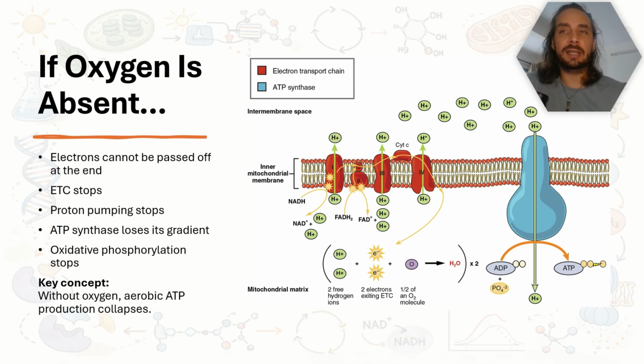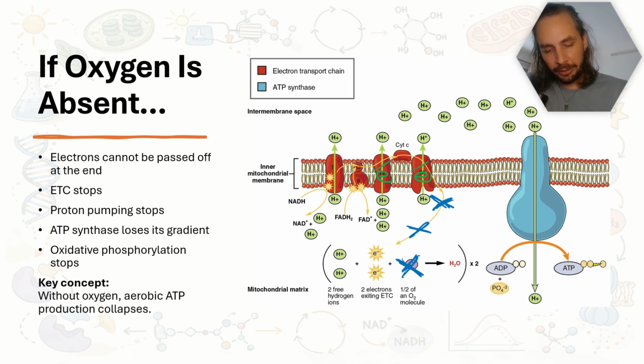If oxygen is absent, let's say there is no oxygen present, that means the electrons are not going to flow. They're all just going to sit here in the electron transport chain. If they're not flowing, I have less gradient being created.